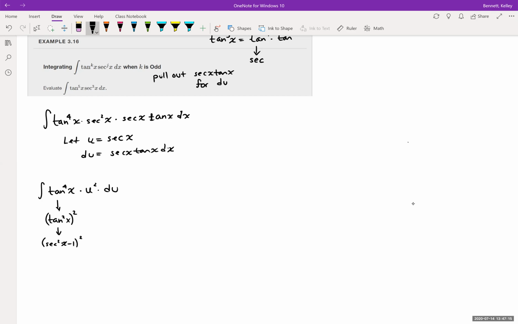And u is secant. So then this becomes u squared minus 1 squared. Certainly you could do that beforehand. I guess it doesn't really matter too much.